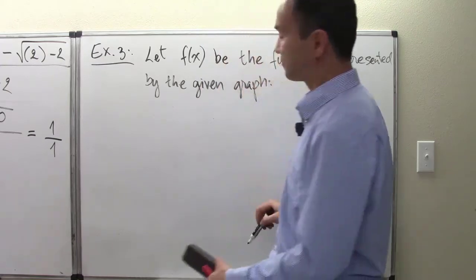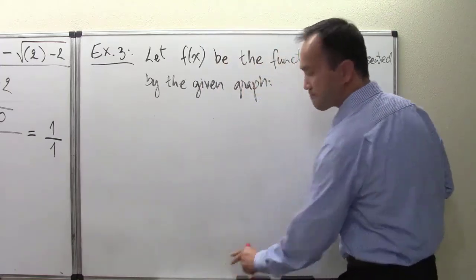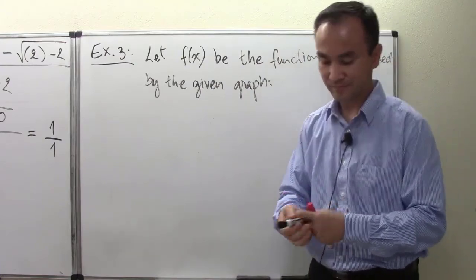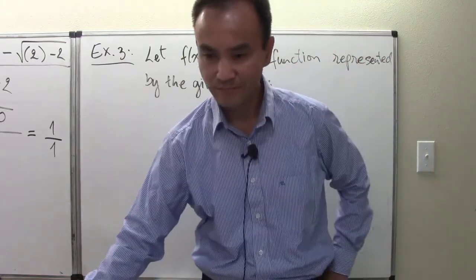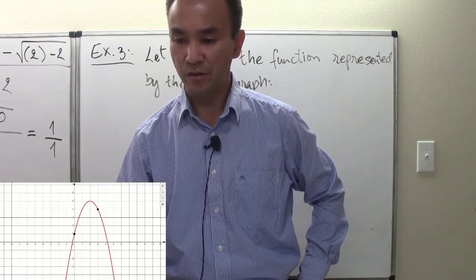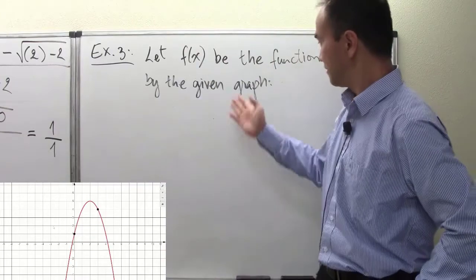All right, so now in that way, allow me to show the graph right here. All right, so here we go. Here's the graph for this function.